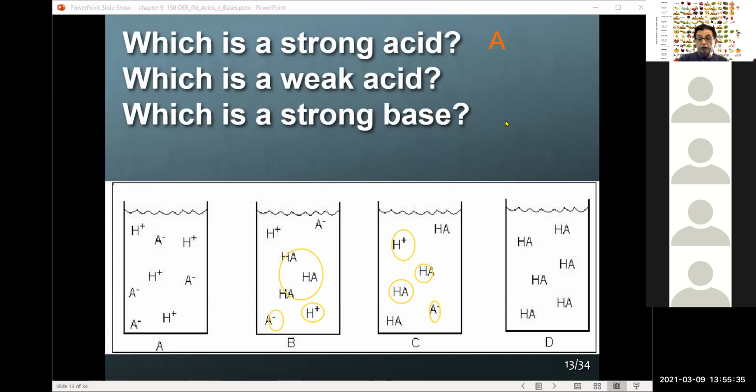And there's no strong base here. Now, if I needed to compare B and C, which one do you think would be a stronger acid? Yeah, B, I concur, simply because we have more protons in solution for B than we do for C. All right, good.